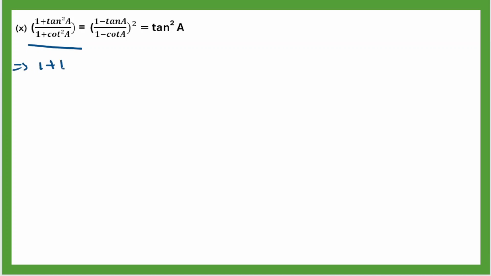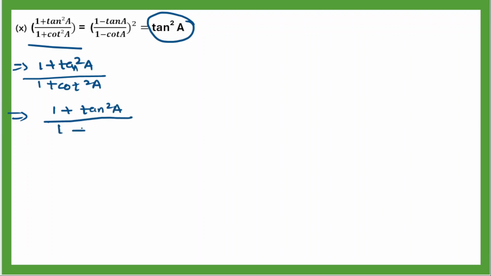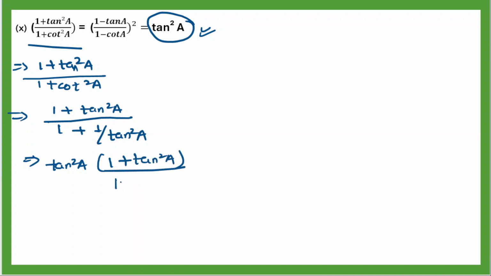So we will take 1 plus tan square A, because here it is tan square A. We have to prove that this is also equal to tan square A and this is also equal to tan square A. Okay, 1 plus cot square A. We can write it as 1 plus tan square A divided by 1 plus 1 by tan square A. We will replace cot square A in terms of tan square A because our desired result is tan square A. So while solving it, we will get it as tan square A plus 1, and this is 1 by tan square A. So it will come here.